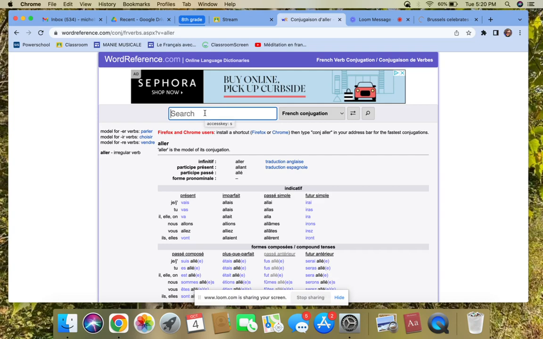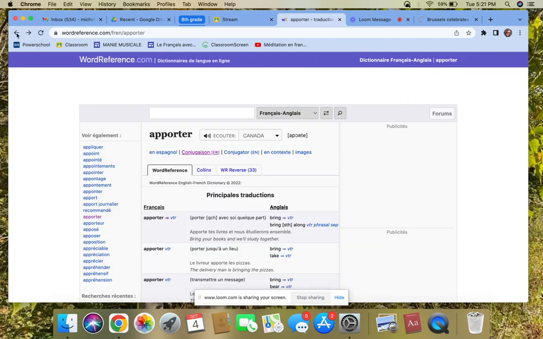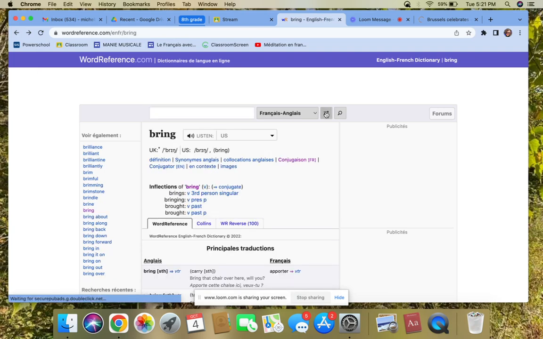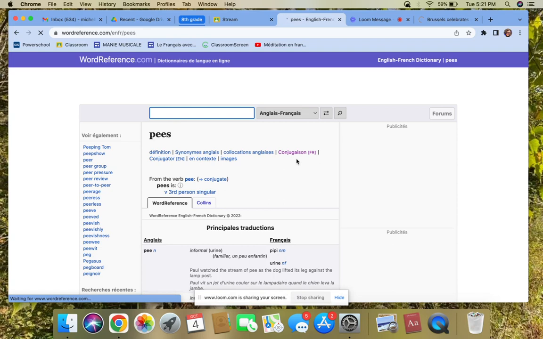One last thing is that if you are spelling something incorrectly in English, that's going to cause a problem. So let's say you're cooking a fancy meal and you need a vegetable side and you're going to make baby peas. If you spell it wrong and you type it in this way, pees, that's different.